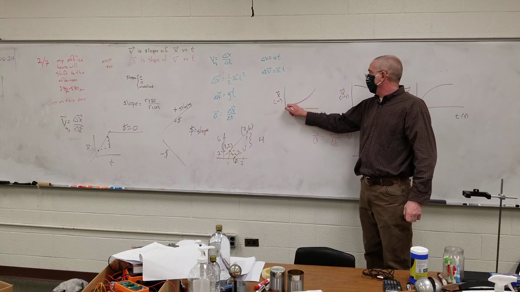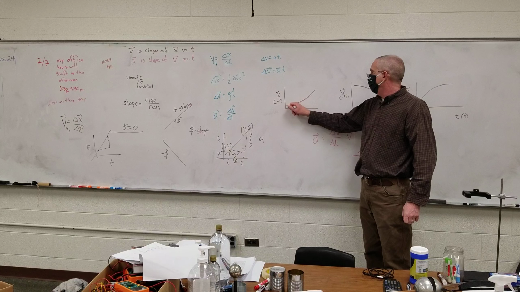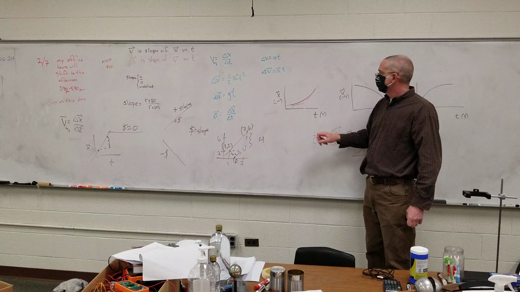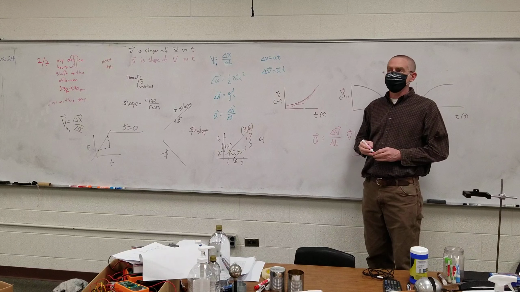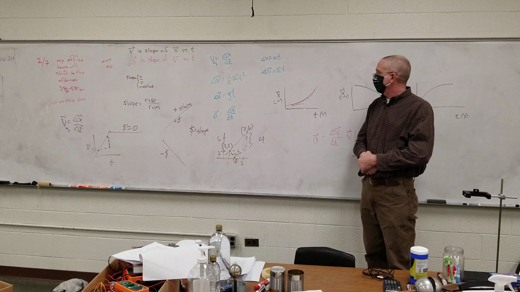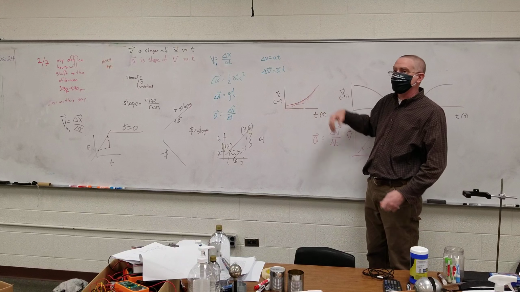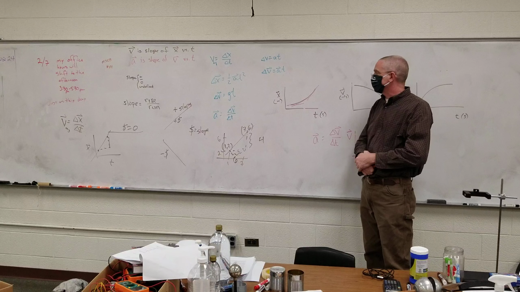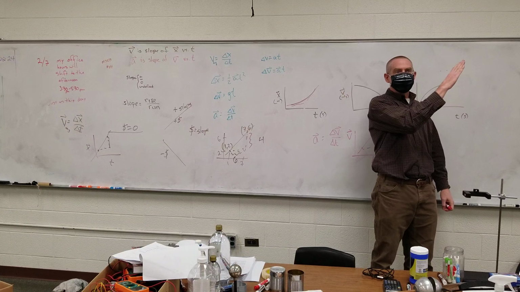All right, so if I look at the slope at the beginning of this, and a slope here and a slope there. First off, the slopes: positive, negative, 0, undefined? Positive. All 3 of them. And what can you tell me about the slopes as we move in time? They increase? They indeed increase. That is a smaller slope than that is.